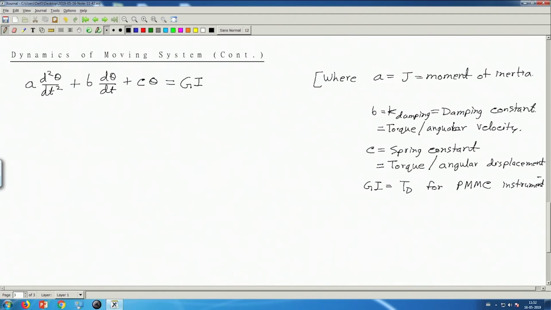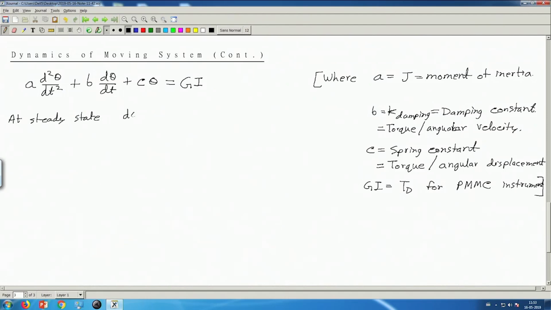Okay. So, this is the expression or the dynamics that governs the motion or movement of the moving coil at any instant, at any moment. Now, at steady state, that means we can also say that this is at the equilibrium state where the pointer stops.